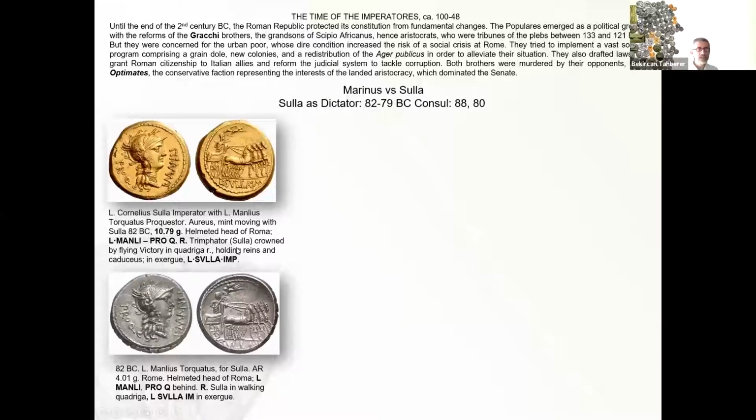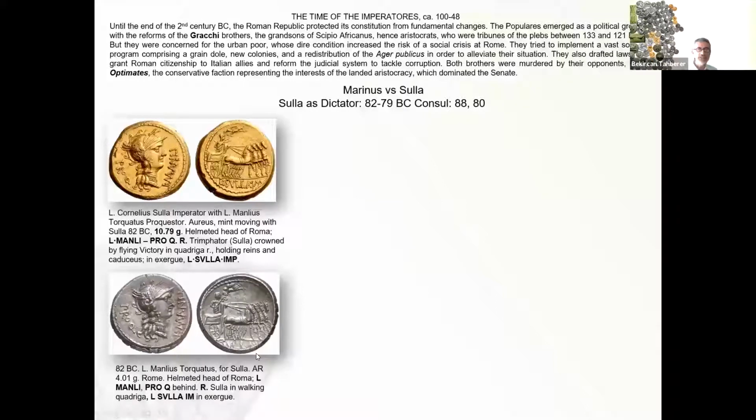It's not an aureus. And on the obverse, as you can expect, helmeted head of Roma. And on the reverse, many would like to believe that Sulla himself, crowned by flying victory in quadriga. So he's victorious, he's entering the city in a quadriga.